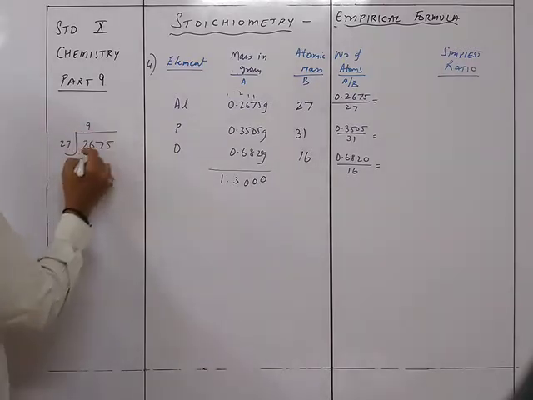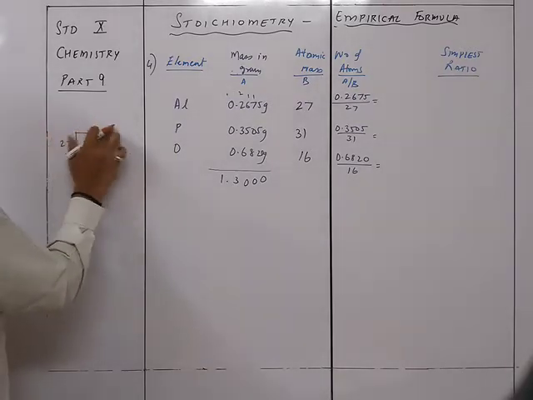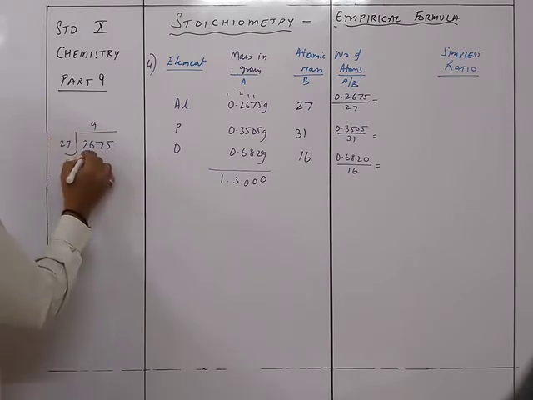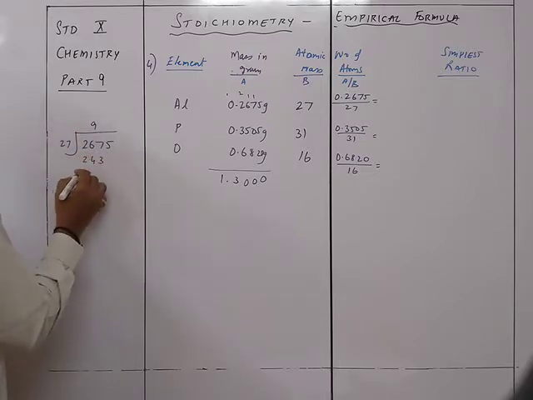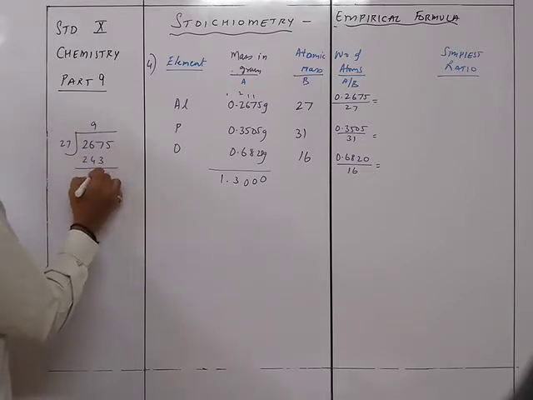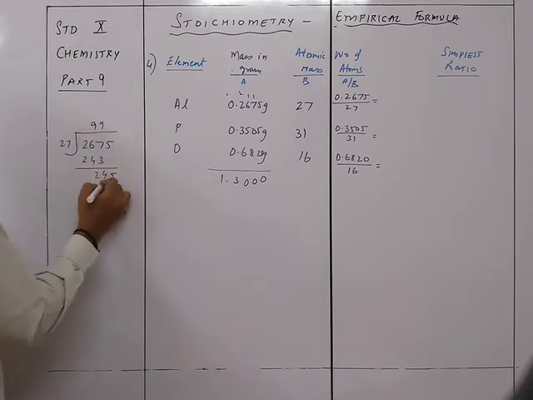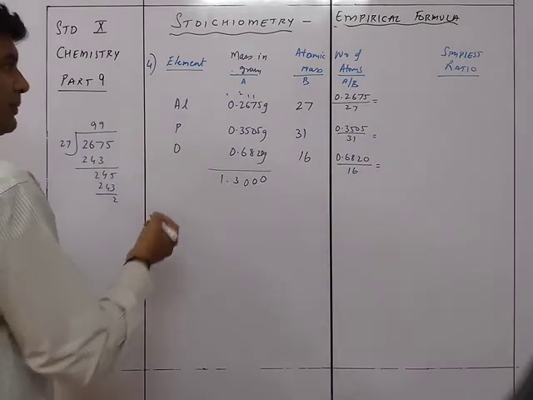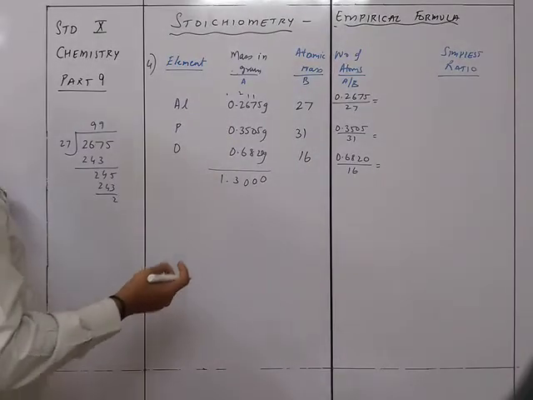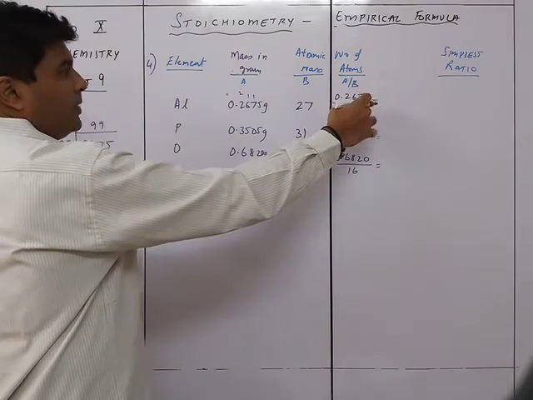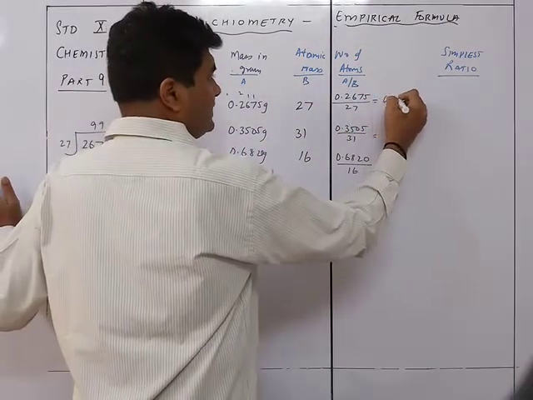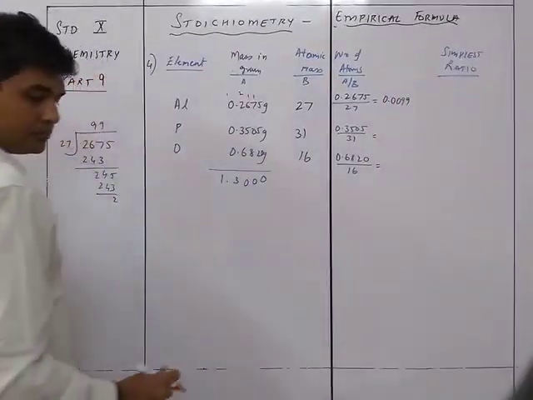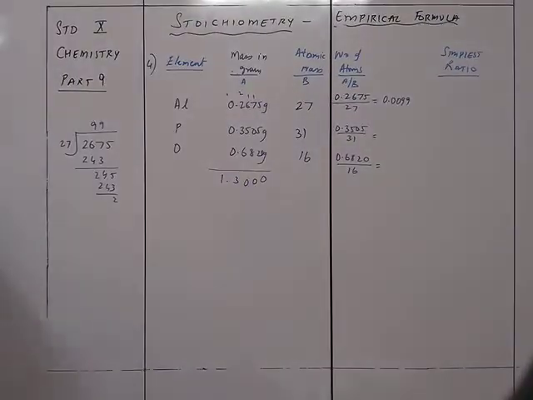That will be 9s, so 243, and then 2. Already we have plenty of decimals, so when I multiply by 1000, this will be divided by 1000, so it will be 0.0099. That will be the answer for this part.